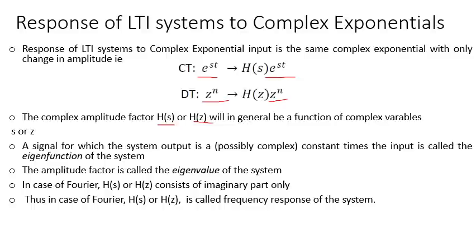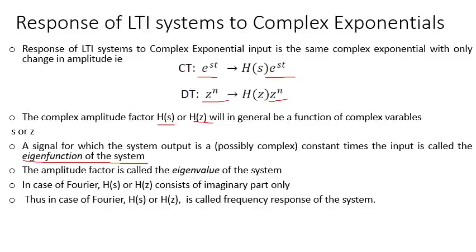You can notice that whatever you give at the input, you get the same at the output, so we get an amplified or scaled version of the input. So if a signal is such that the system output is possibly a complex number times the input, it is called an eigenfunction of the system.